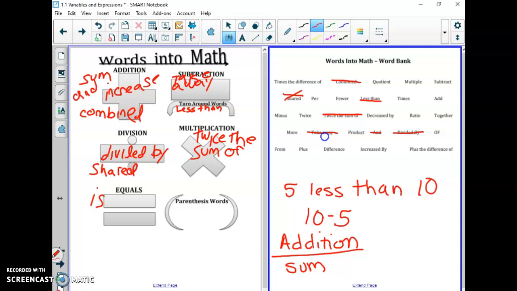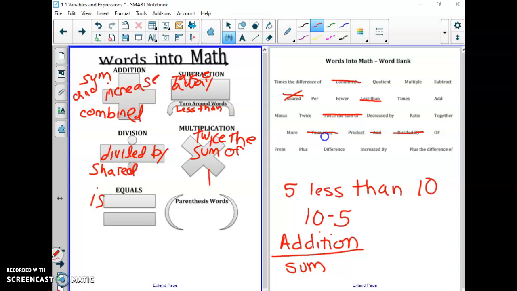Product. Excellent. Haley, what do you got? Decrease by. Which one's that going to be? Subtraction, right. Okay. And subtraction. Decrease by.